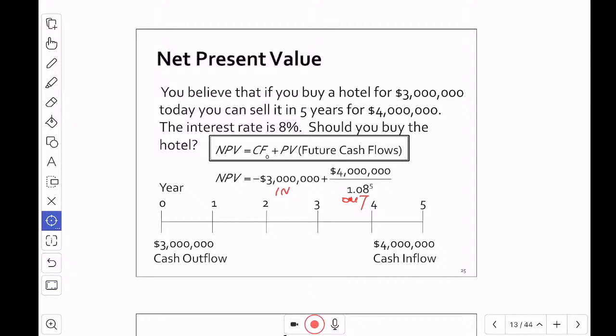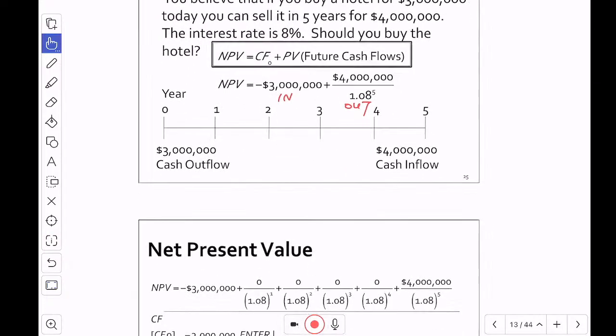This is just the discounted version of the time value of money formula for this lump sum in the future. Now, you can do this in your calculator analytically, punch it in, but what I want to teach you is how to enter it into the financial keys.